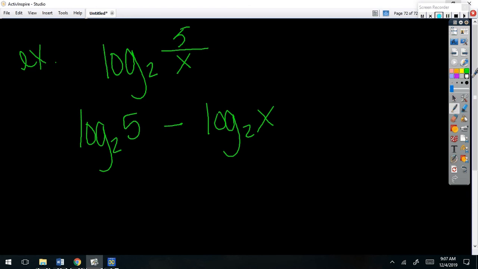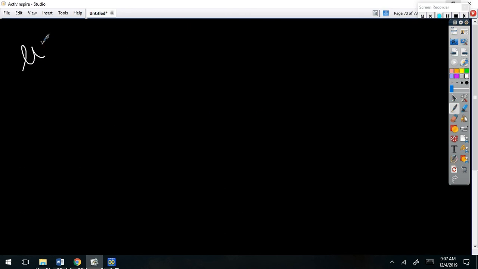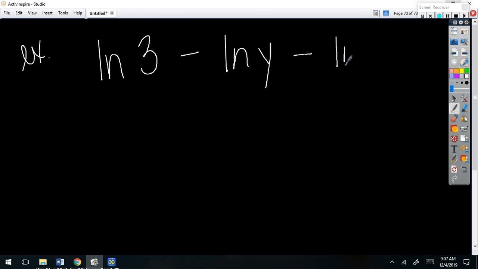Condensing is a little bit harder because with subtraction, you really have to watch. Need to go left to right as you condense these, only 2 at a time, because otherwise it's going to confuse you a little bit, okay?